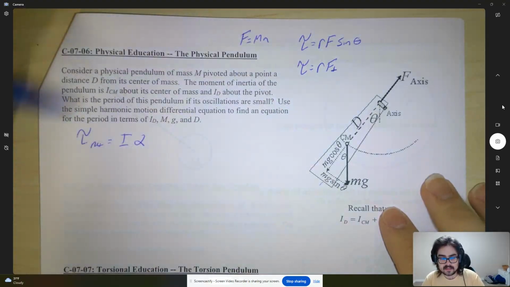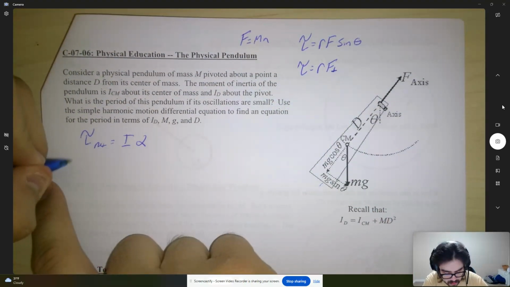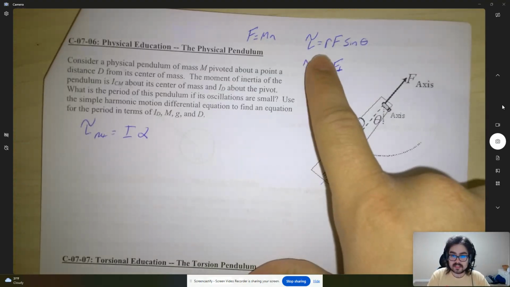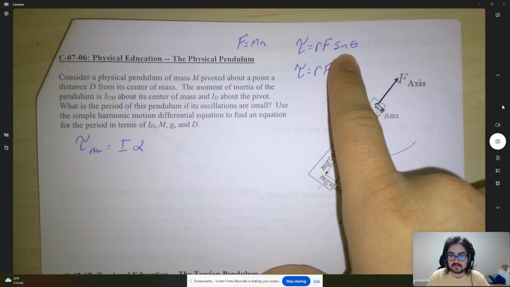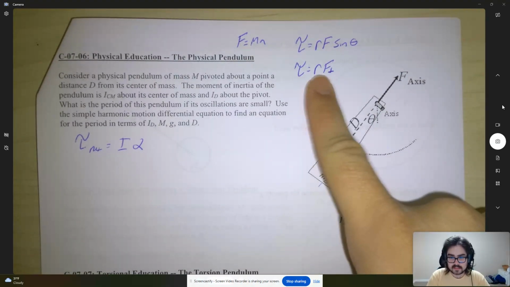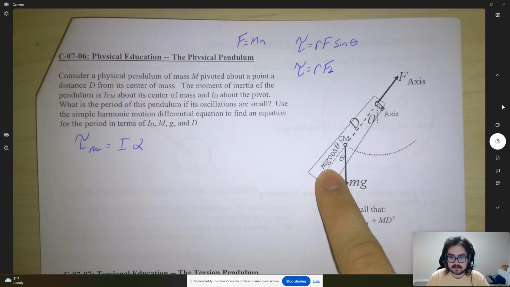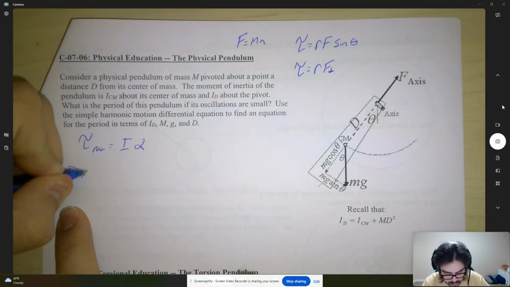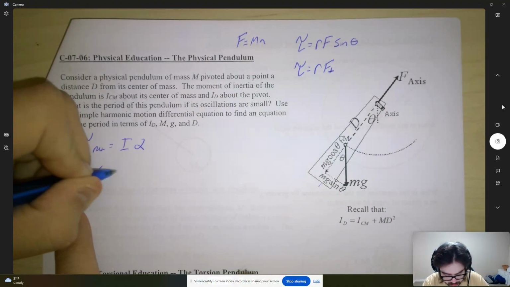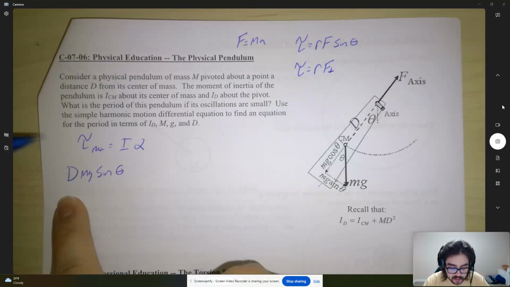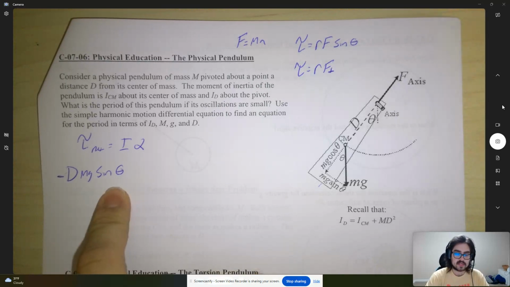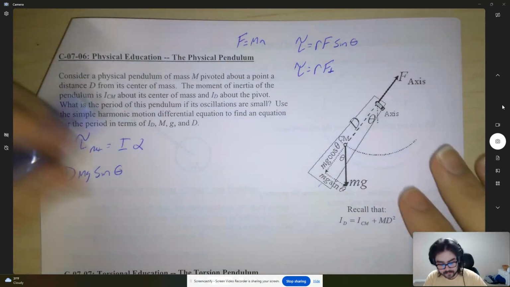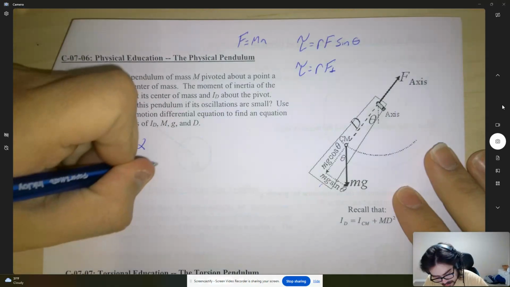So I need the distance times mg sine theta. It's a distance d away, so it's d mg sine theta. Now this is going to be negative because the force opposes the displacement. I'm going to set that equal to I alpha.